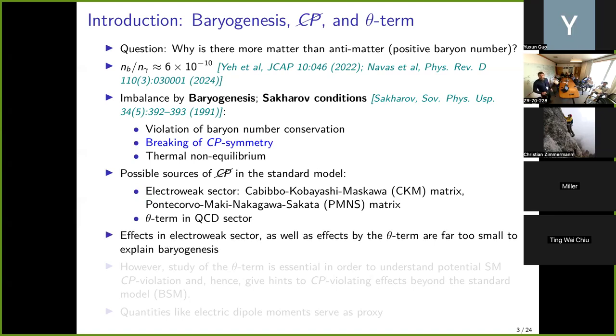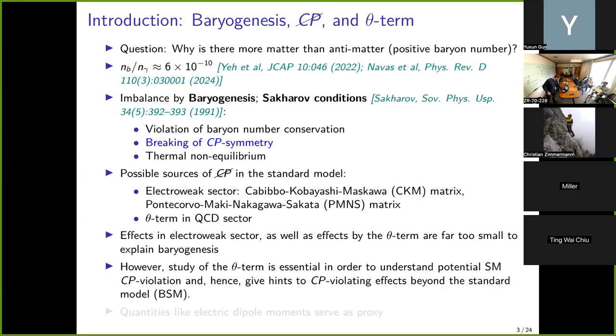However, these two effects are by far too small to explain baryogenesis. But yet, the study of the theta-term is essential in order to understand potential CP violations in the standard model. For instance, if we measure the electric dipole moment of the nucleon, we have to know what's part of the standard model. It will tell you what is the beyond standard model contribution, which might be responsible in the end for baryogenesis.